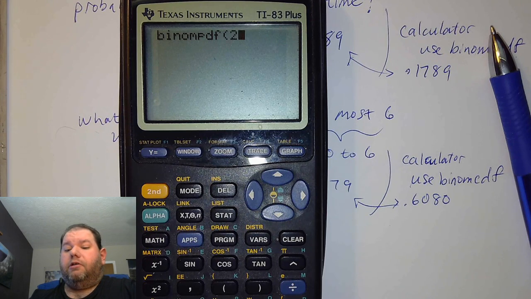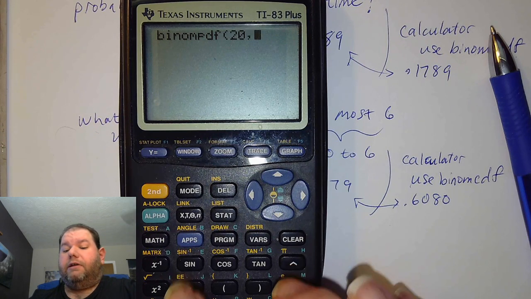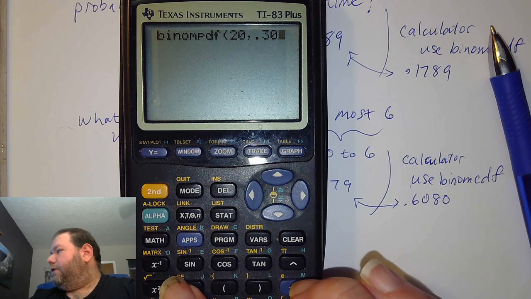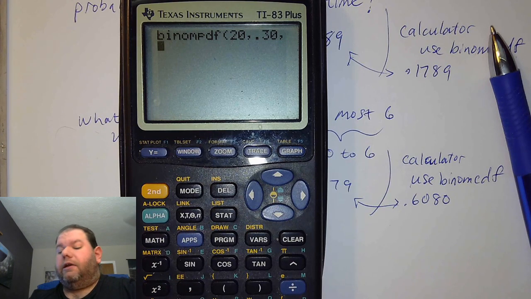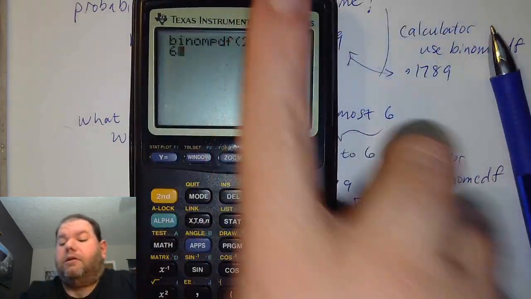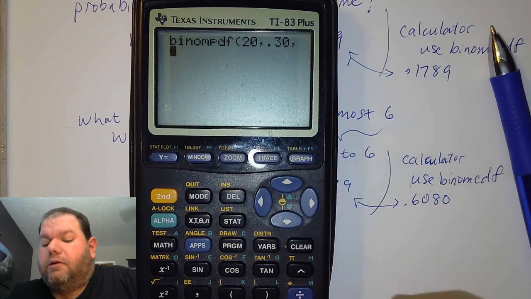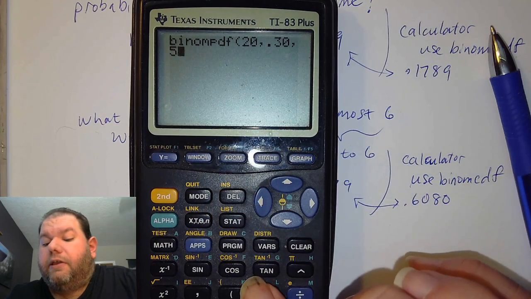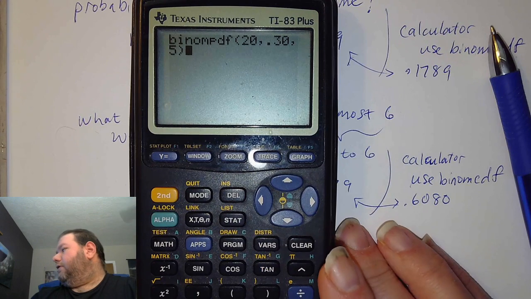So enter 20 for n, 0.30 for the probability, and 6, let's see, no, that was x equals 5 in the first problem. 5, and then close parentheses.